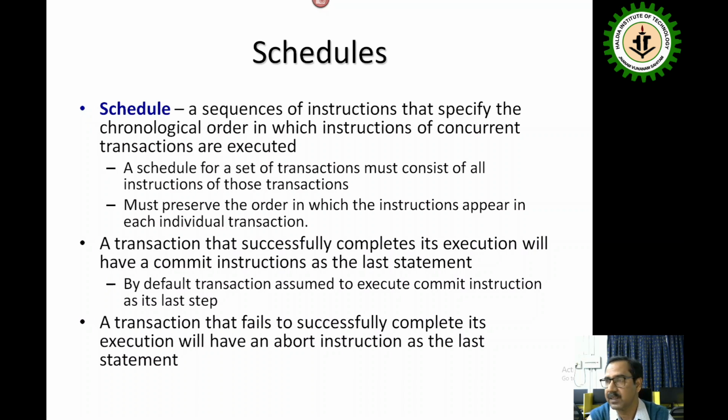So a schedule has more than one transaction, each transaction has instructions in a particular order, and the execution of each individual transaction must follow the chronological order in which the instructions appear.